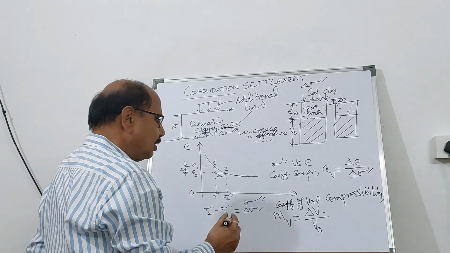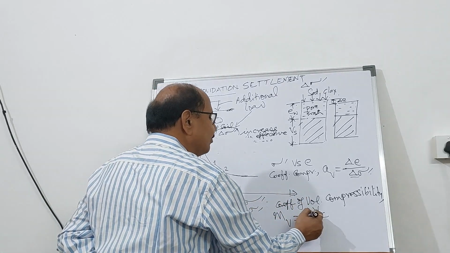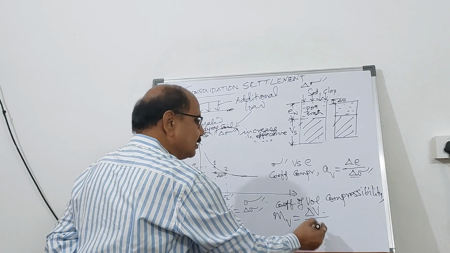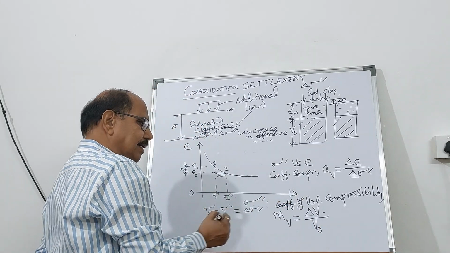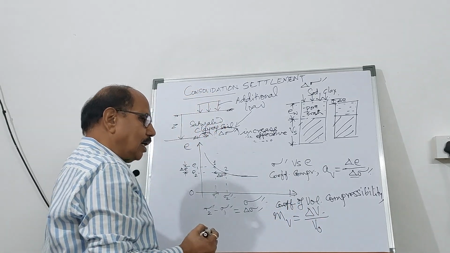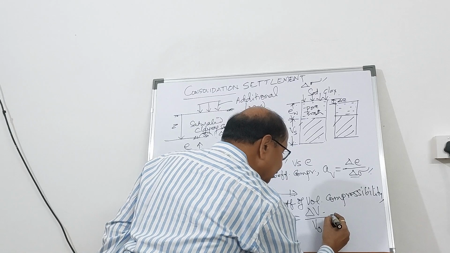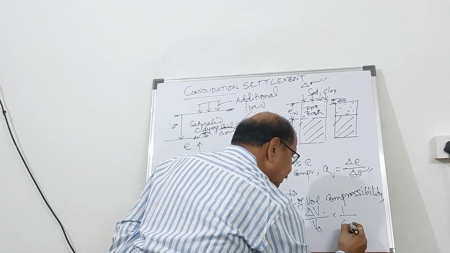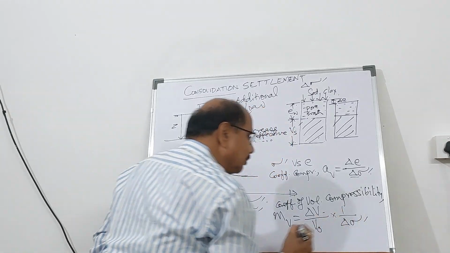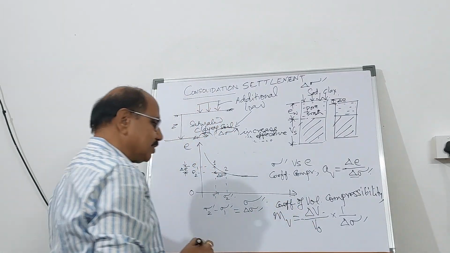Therefore we can say delta V equal to delta H, and this is H naught. So it is the change in volume per unit volume per unit increase in effective pressure, which is called the coefficient of volume compressibility.